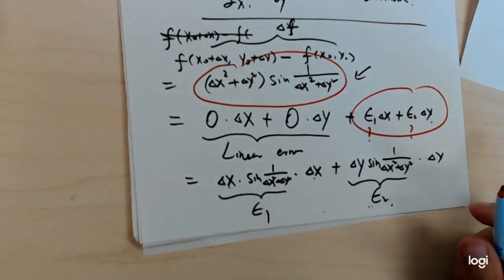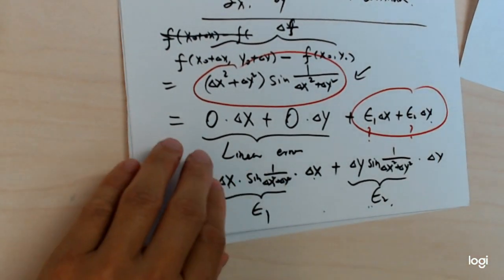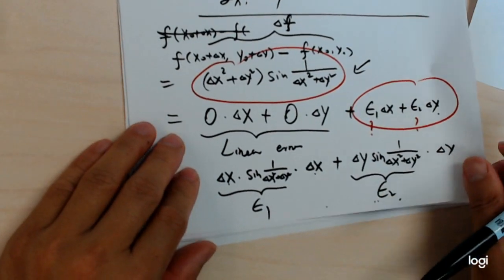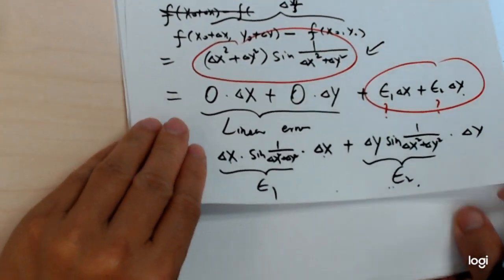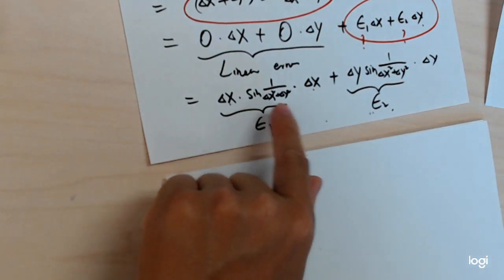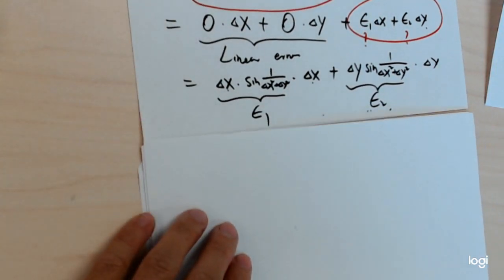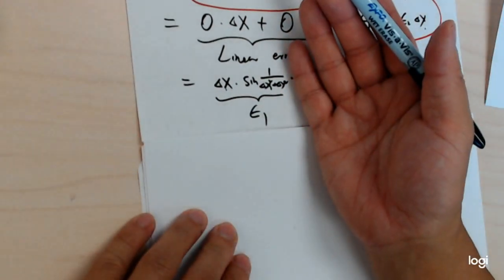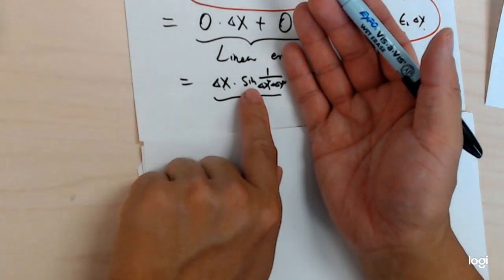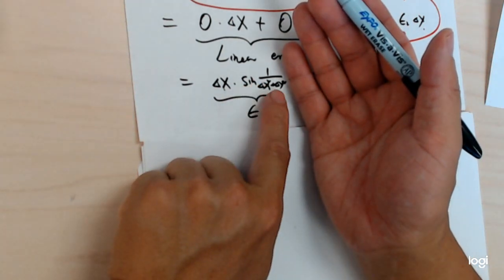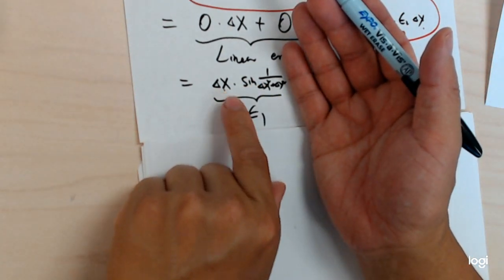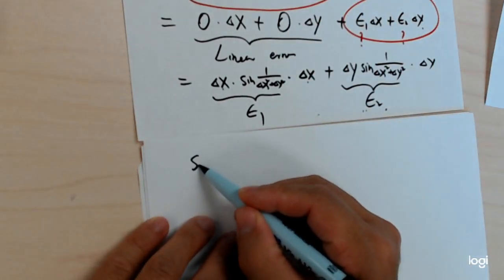The definition says if those two parts go to 0 when delta x, delta y go to 0, then it'll be differentiable, okay? So do you think those two parts go to 0 when delta x, delta y go to 0? Kind of trivial. Once again, because sine is a finite number between negative 1 and 1, and delta x goes to 0. So I would say this is trivial.